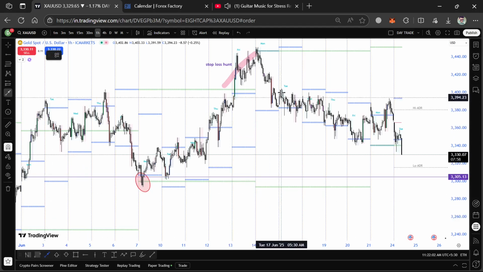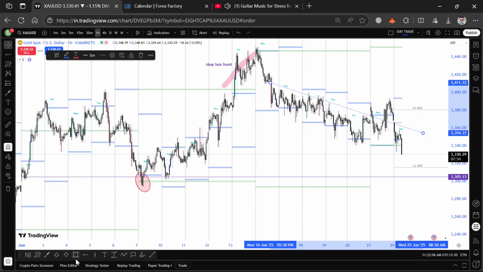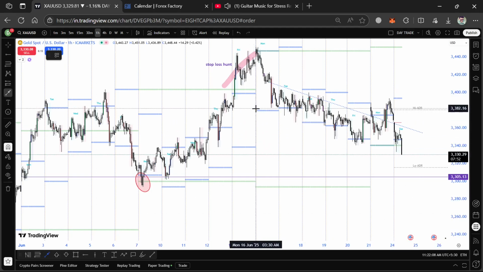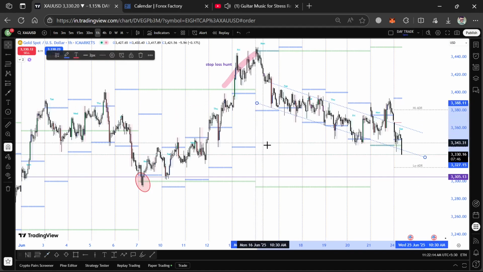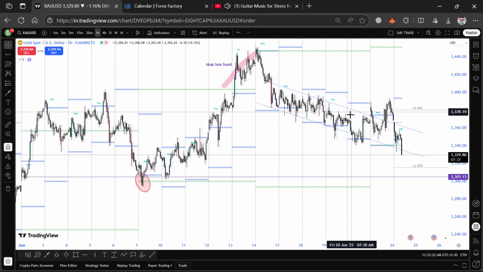A channel was made by the market over here like this, and the market is still trading out of that channel, and respecting that. So the current week opens with a breakout structure.